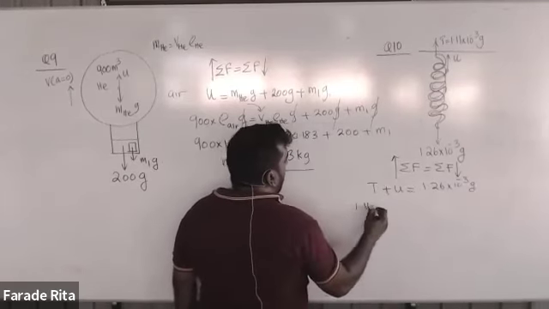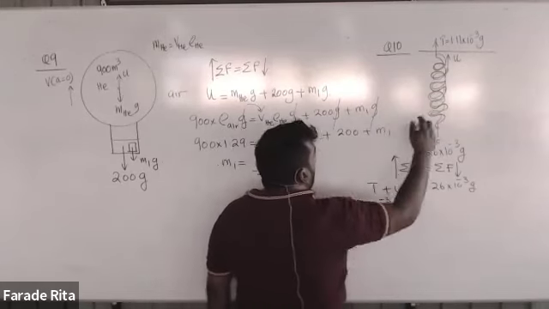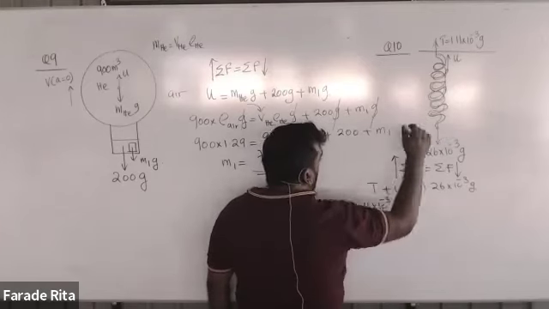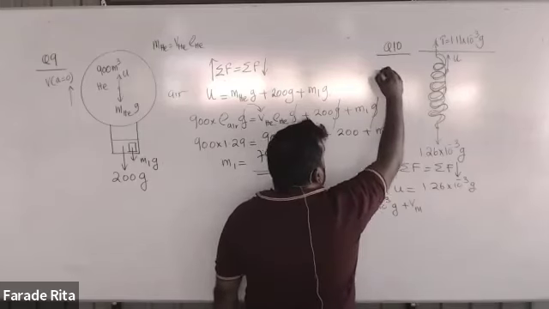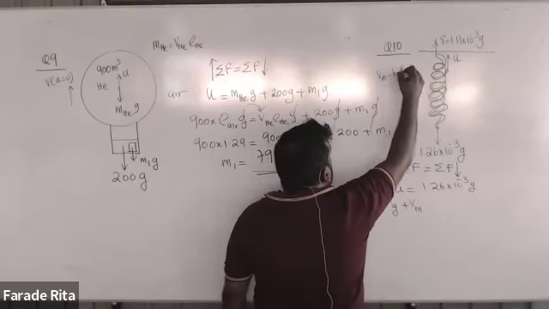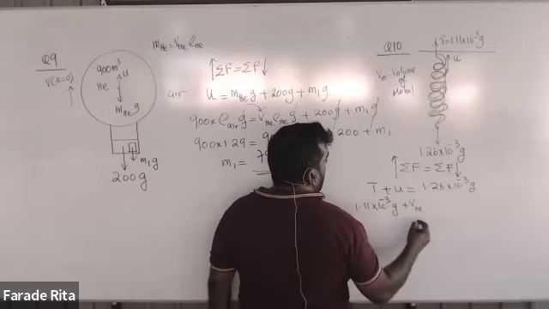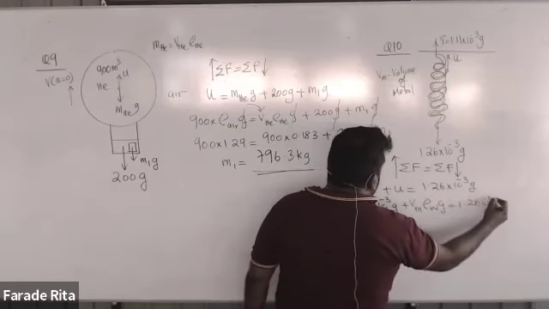Tension is 1.11, 10 to the power minus 6. Now be careful. For upthrust, what is touching water? The volume of water, metal touching water. Vm, volume of metal. Density of water into g. 1.26, 10 to the power minus 3 g.